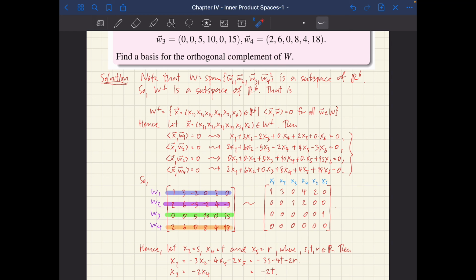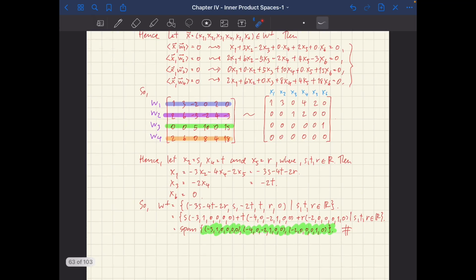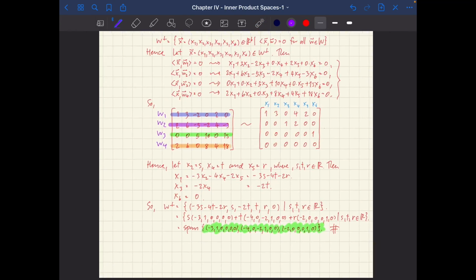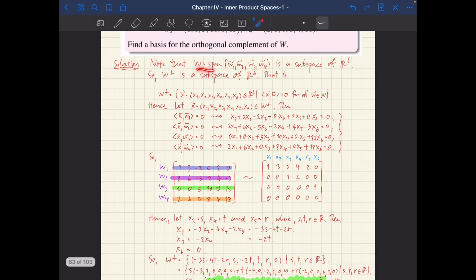So we can show that the span of W1, W2, W3, and W4 is the row space, right? If we denote this matrix as A, then W is the row space of A.